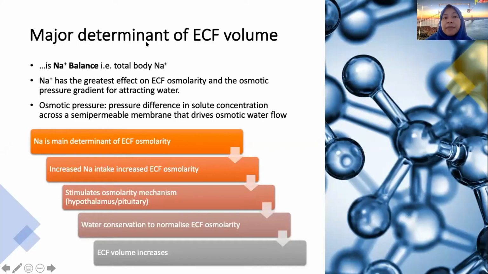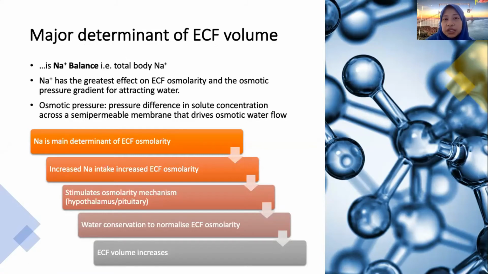What is the major determinant of the extracellular fluid volume? For the ECF volume, the major determinant is actually the sodium balance, also known as the total body sodium. So you need to be able to differentiate between the sodium concentration and the sodium balance.